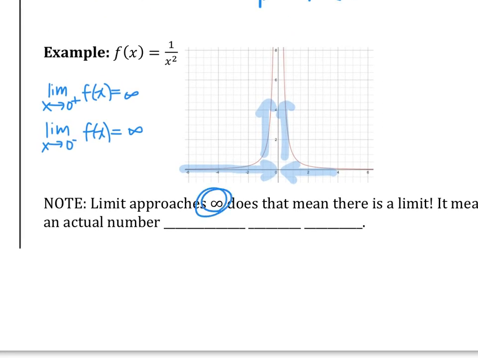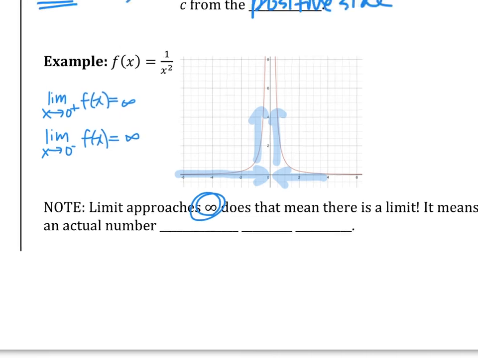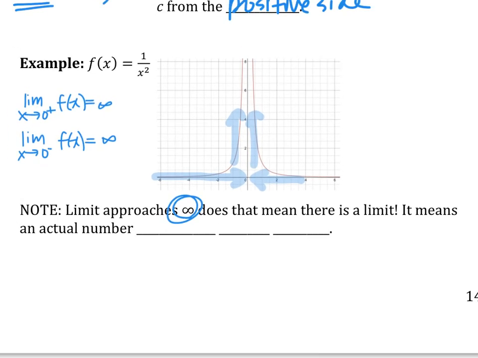Infinity does not mean that there is a limit, so we can't just say that it's going to infinity, and infinity is a number. Infinity is not a number, it's just unbounded or a super large number. So another way to say that is we say the limit does not exist, instead of thinking that it's a number.